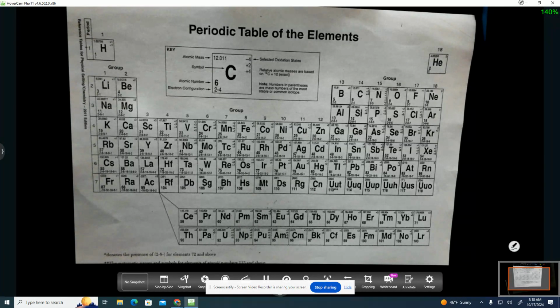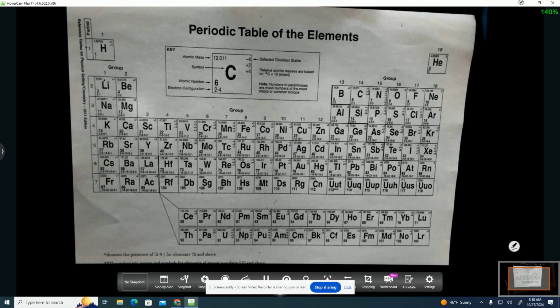It gets harder to remove. Okay? So now the trend, once again, for ionization energy: as I go down, it's going to decrease. As I go across, it's going to get higher because it's going to be harder to remove an electron.